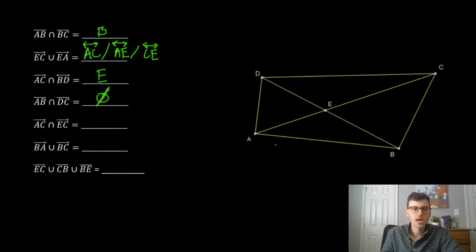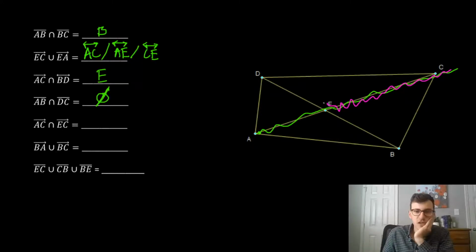Okay, what about ray AC and ray EC. Ray AC intersect with ray EC. Well, hopefully, again, you're picking up the pattern. These two, my shaded area is right here for both of them.